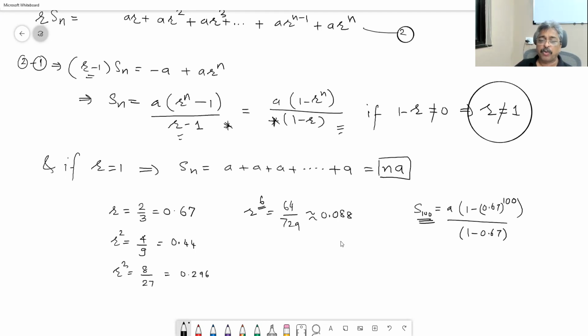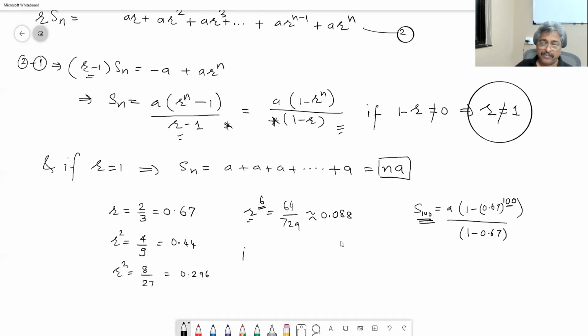So 6 power of this common ratio is very, very small, and this quantity is being subtracted from 1. So your calculator will not be able to find out this 0.67 raised to 100 because it is very, very close to 0. Still it is 100. If it is 1000, for all practical purposes, we can consider it as 0.